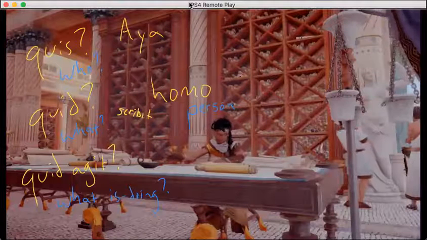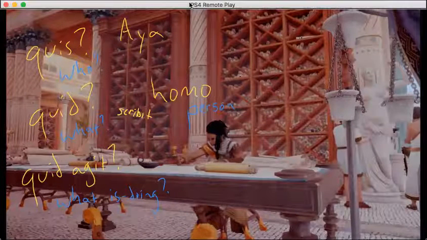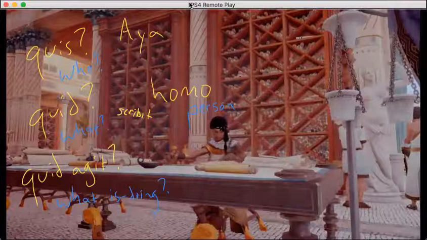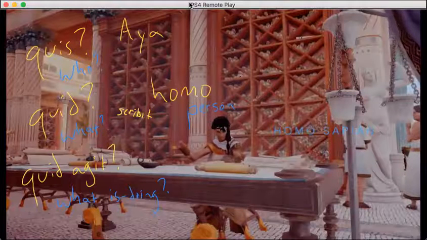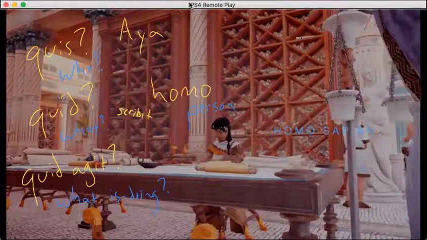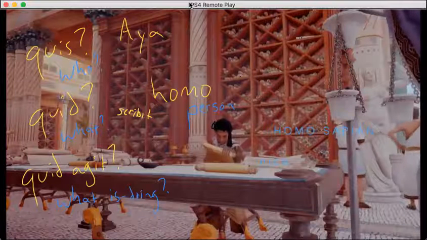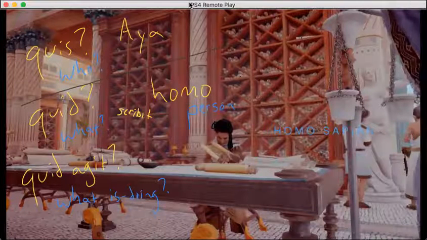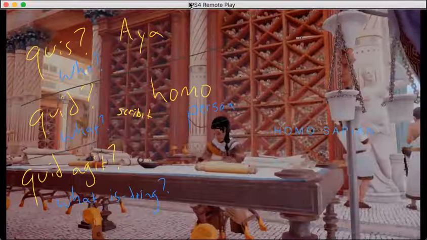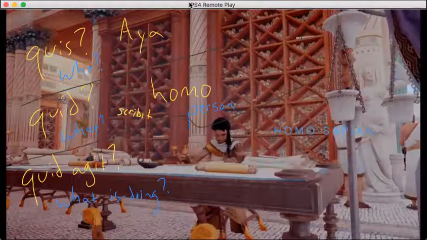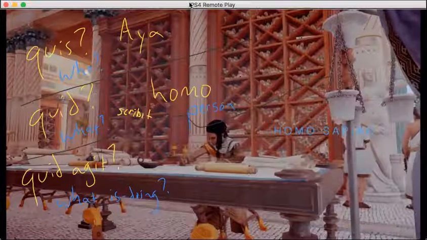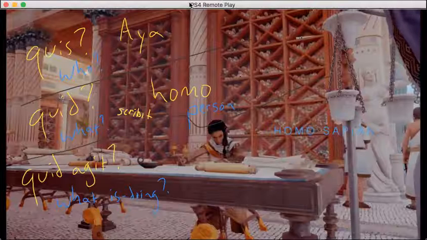So let's get this scribit down here. I'm going to make some lines real quick. So quis Aya, quid homo, et quid agit. What is doing Aya? Quid agit Aya. What's she doing?